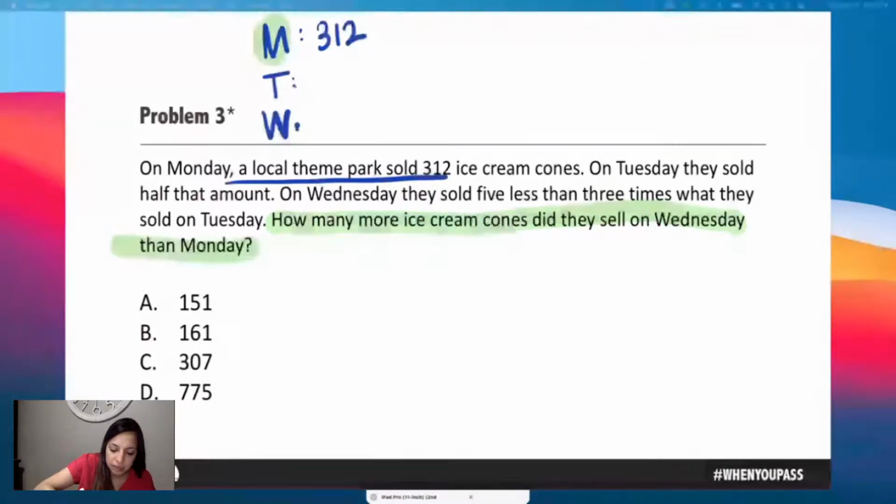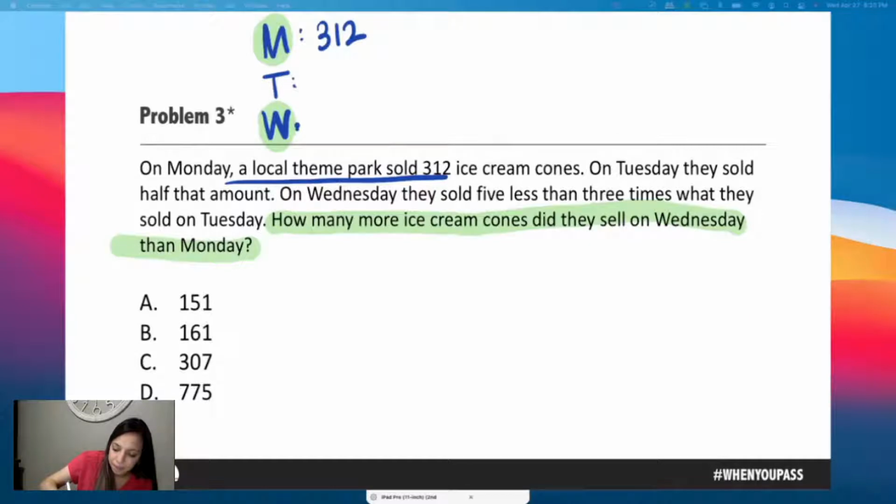So I really need Wednesday and Monday. I don't need Tuesday. However, I can't find Wednesday without finding Tuesday, because on Wednesday they sold 5 less than 3 times what they sold on Tuesday. So if we don't find Tuesday, we can't find Wednesday. So let's start with Tuesday.